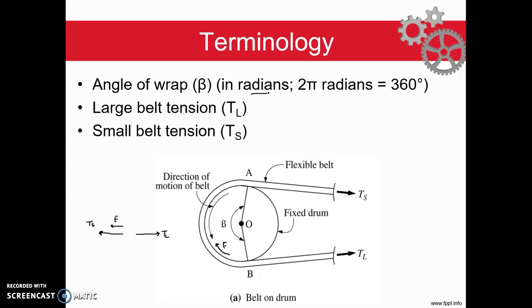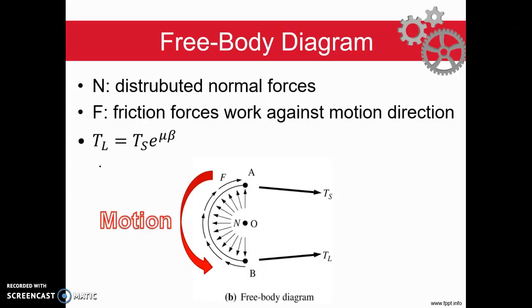This has to be in radians, of the surface that the belt and the drum are in contact with each other. Whatever that angle is, that is beta. So we're going to use that variable in radians to come up with this equation here for the relationship between the large tension and the small tension.